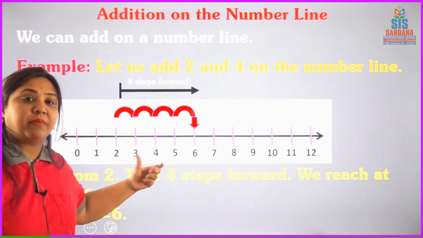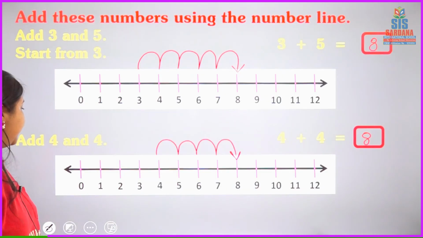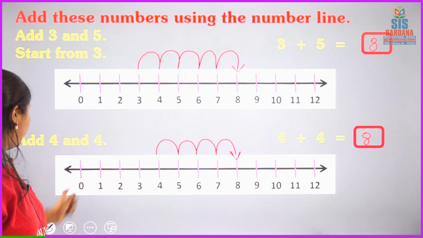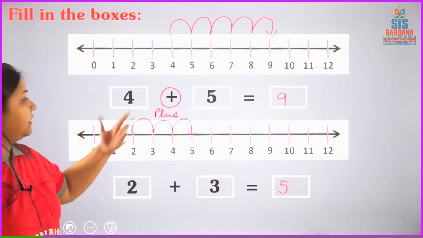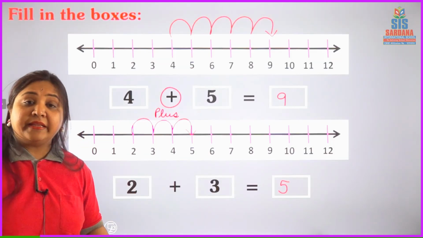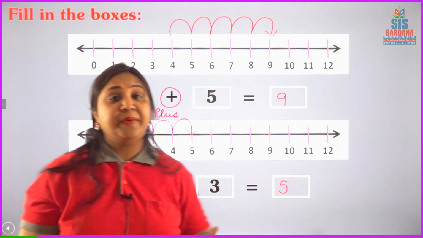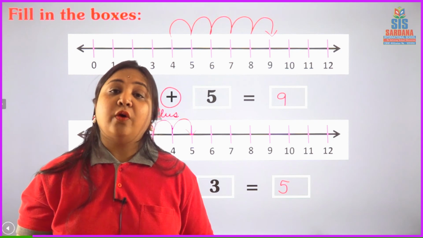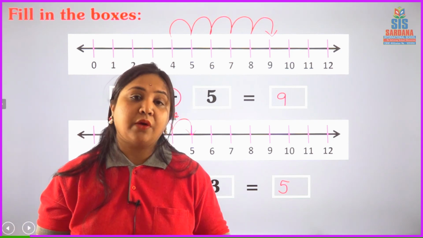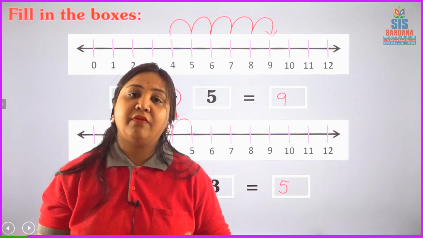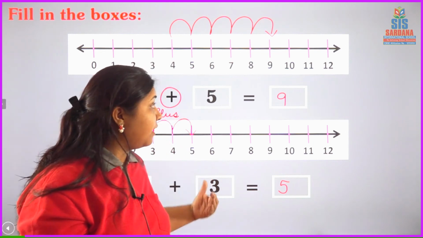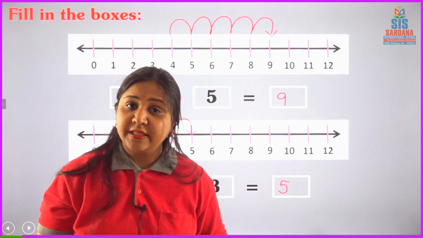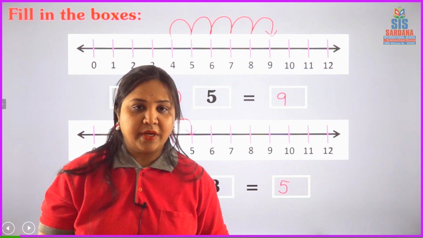With the help of this number line, we can add the given numbers like 3 and 5, 4 and 4, here 4 and 5, 2 and 3. Like this we can add them without the pictures. How? With the help of number line. So I hope that it is clear to you that without the pictures also we can add the given numbers with the help of this method. Which method is this? Addition on number line.